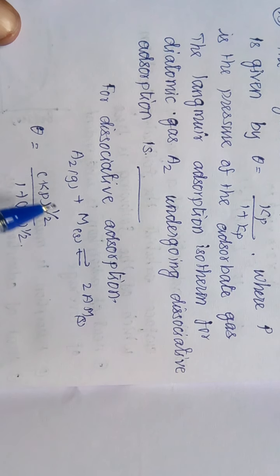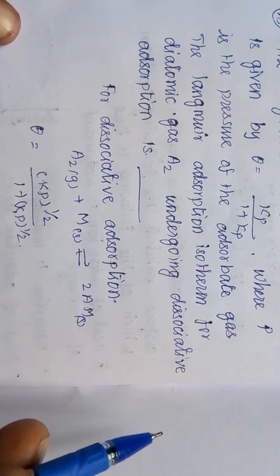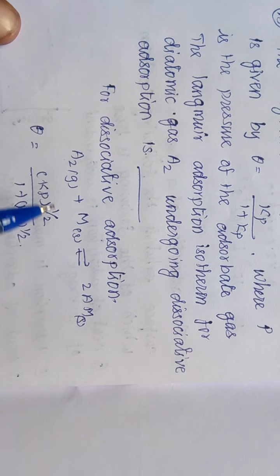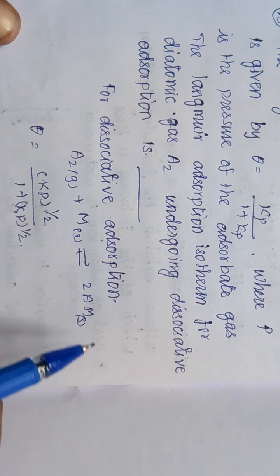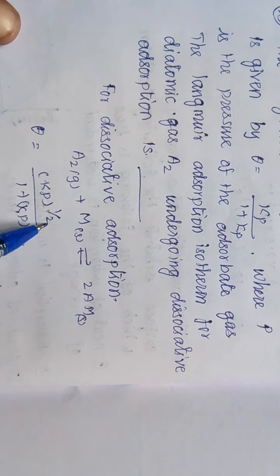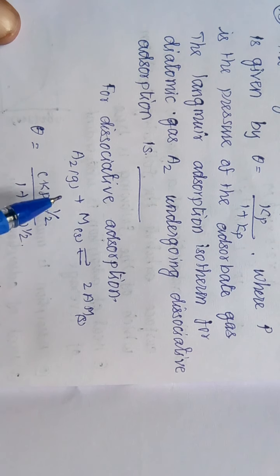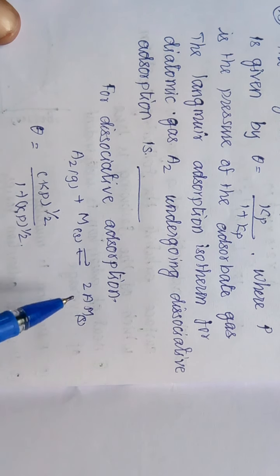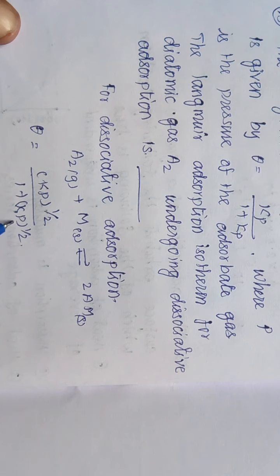So for a dissociative adsorption, we have to calculate the number of atoms it is getting dissociated into. As A2 is dissociated into 2A, we have to put 1 by n, the number of dissociated atoms. So theta is equal to Kp power 1 by n divided by 1 plus Kp power 1 by n. A2 is dissociated into 2 particles, so it will be 1 by 2: theta is equal to Kp power 1 by 2 divided by 1 plus Kp power 1 by 2.